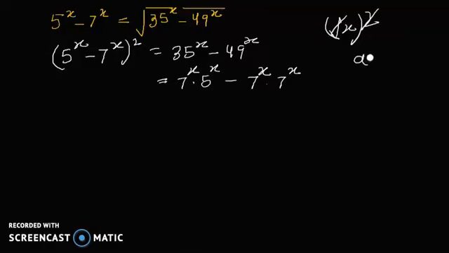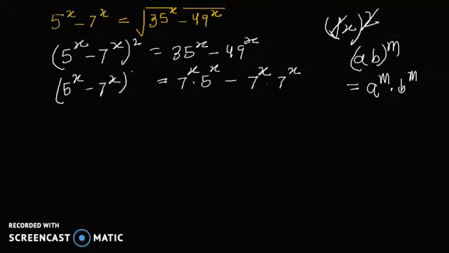The exponential rule says (AB) raised to power m is A raised to power m times B raised to power m. So I have applied the same rule in this step, and this is 5 raised to power x minus 7 raised to power x whole square.